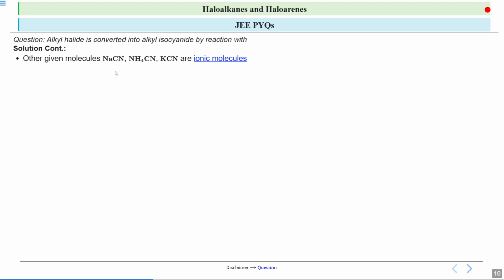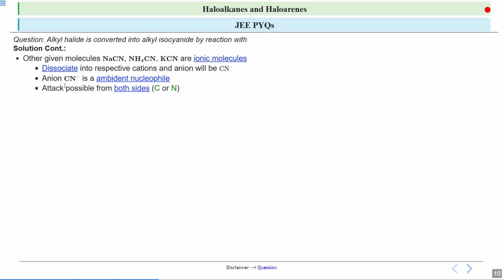The other molecules in the options are sodium cyanide, ammonium cyanide, and potassium cyanide. They are ionic molecules. What does that mean? They will dissociate into their respective cations and the anion CN negative. That means the anion CN negative is an ambidentate nucleophile, right? It can attack the alkyl group from both sides, from carbon or nitrogen.